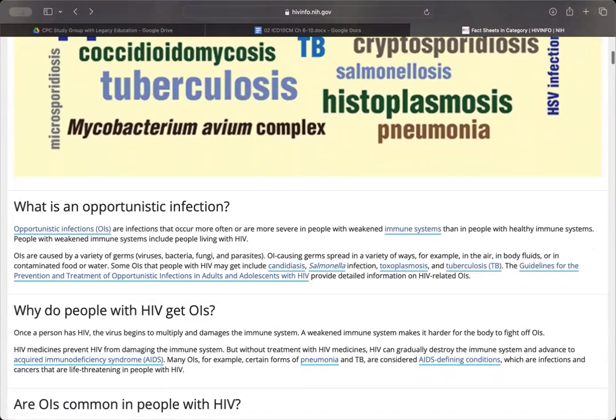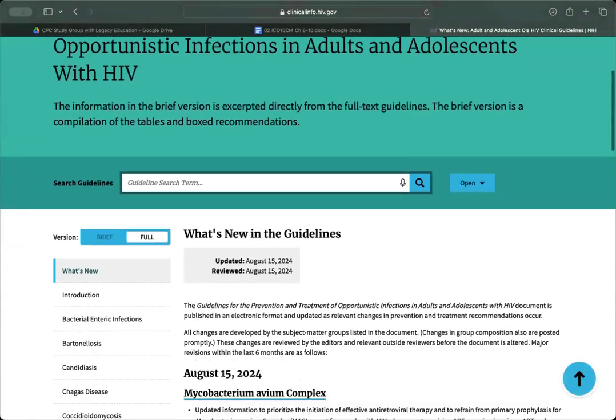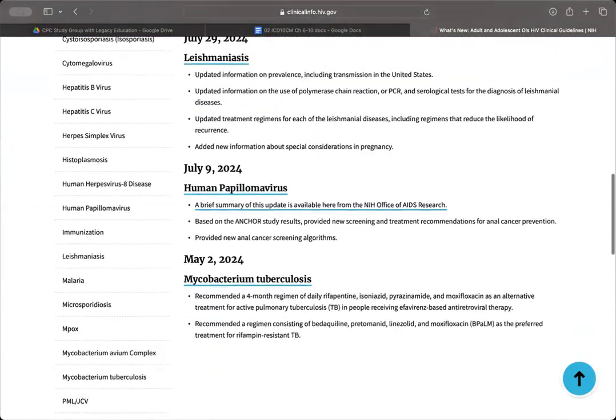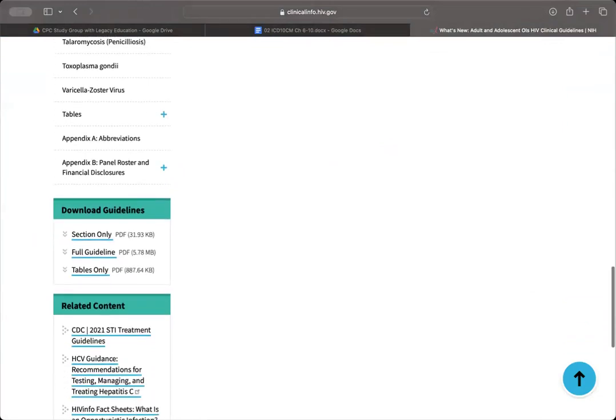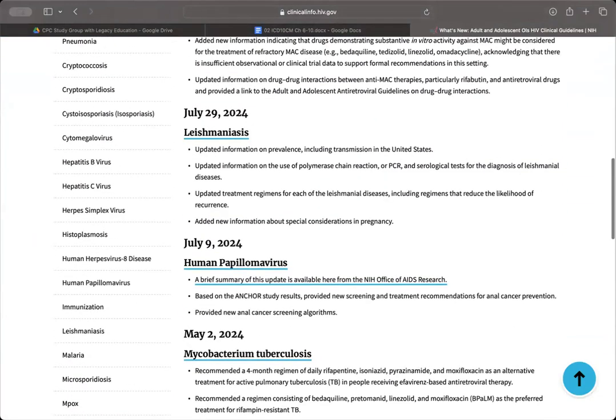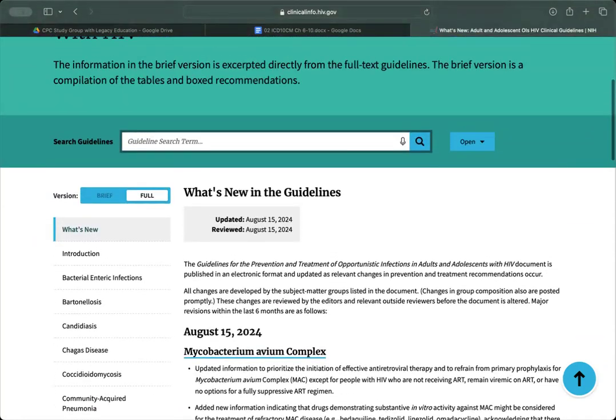So these are common ones here: candidiasis, salmonella, tuberculosis, things along those lines. Let me find the list so that you're not just sitting here watching me scroll. Let me find it and I will post it in Discord, and then that way you guys can have that for future reference.